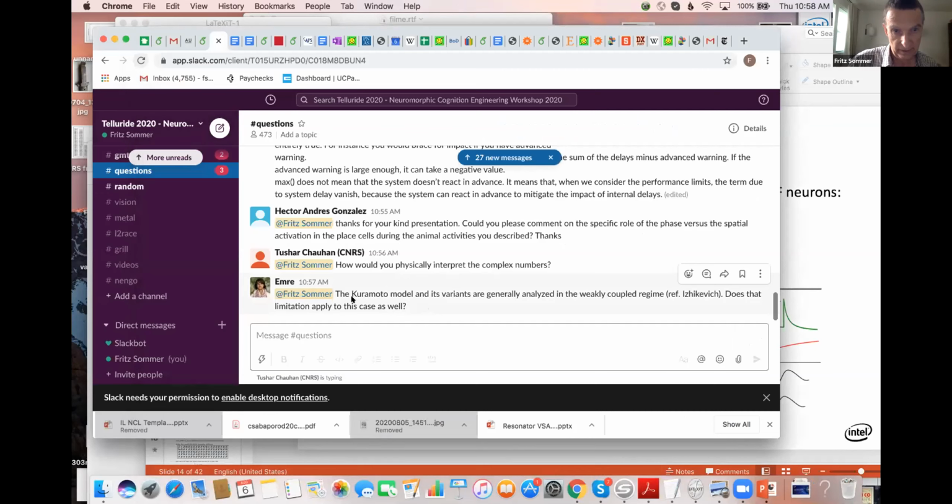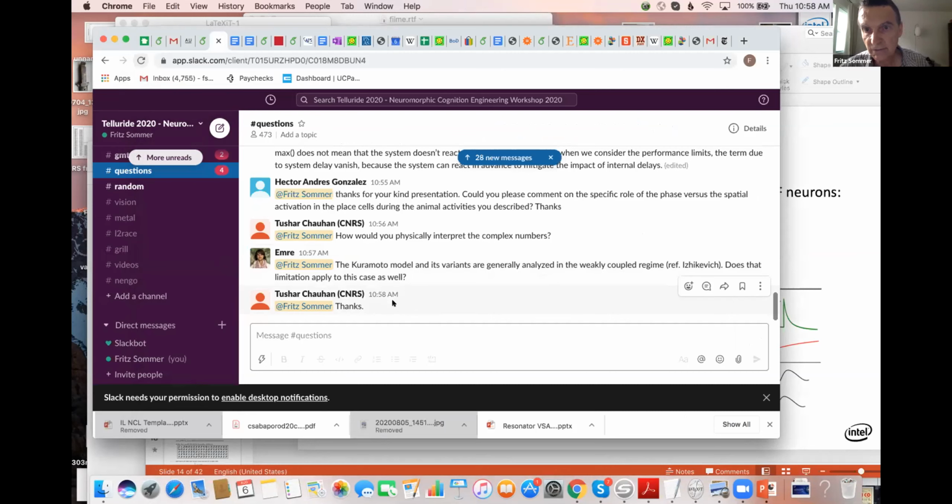Okay. Emre asked, the Kuramoto model and its variants are generally analyzed in the weakly coupled regime. Yes. So in the Kuramoto model, you have only phase-phase interactions.